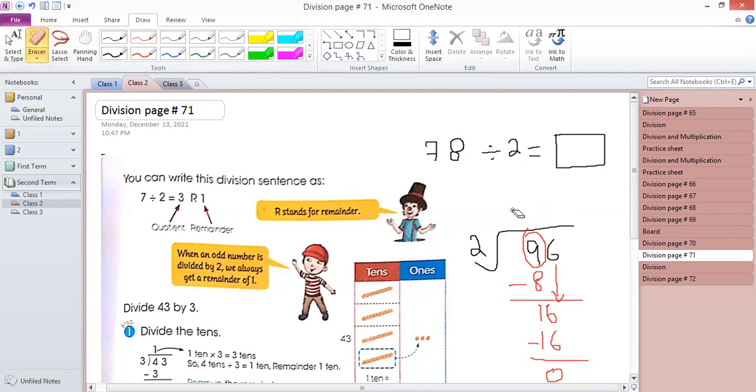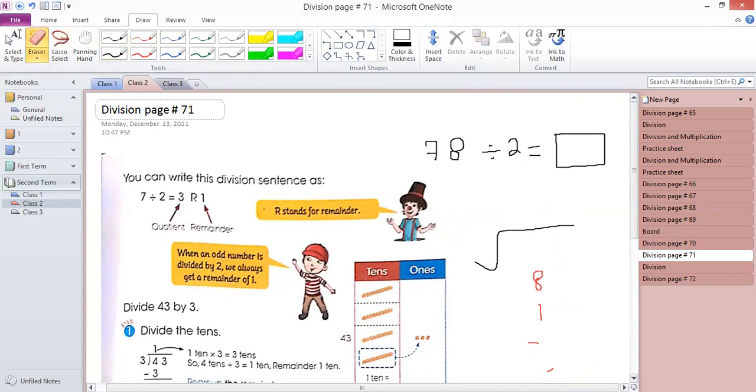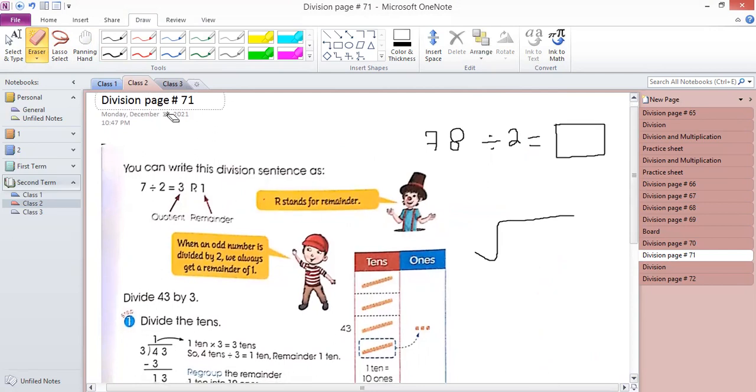78 will be inside. 2 will be outside. Okay, and you have to divide by 2. Chat is open. Once you solve, you have to send the message. Try to solve it, guys. 78 divided by 2.